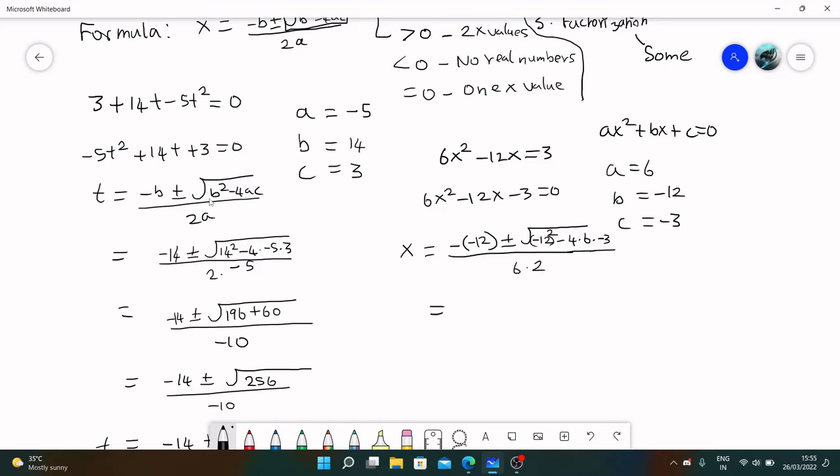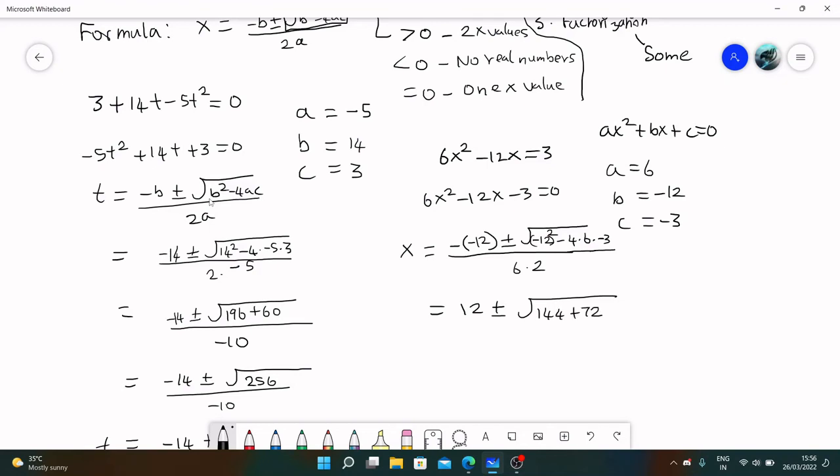Now we can just make it 12 plus minus, 12 squared is 144. So minus into minus, that's plus. So you get 144 plus 72.